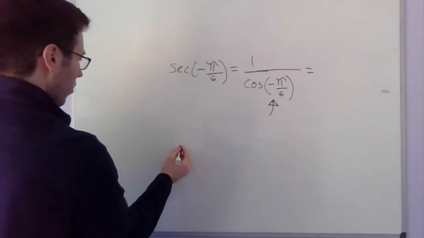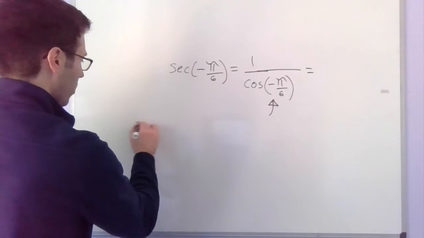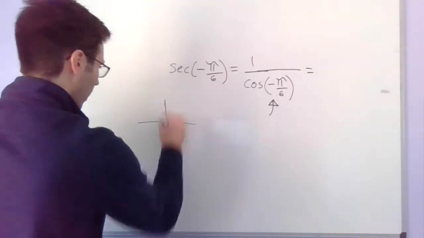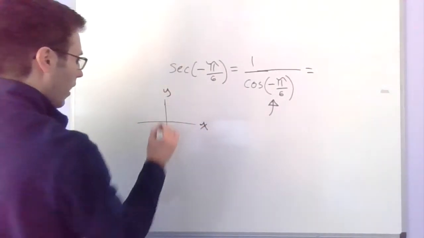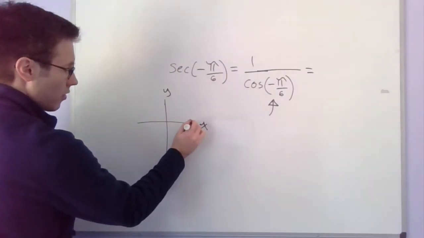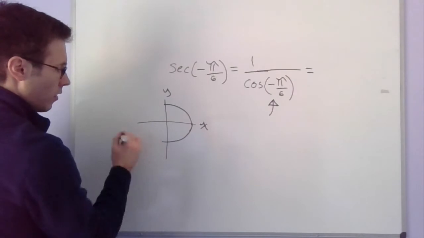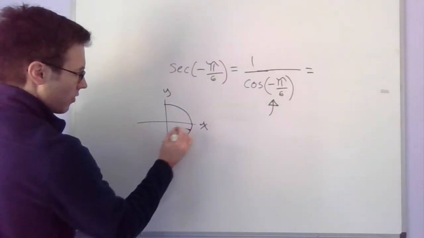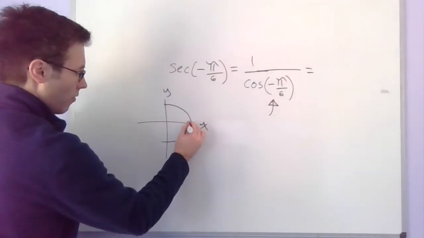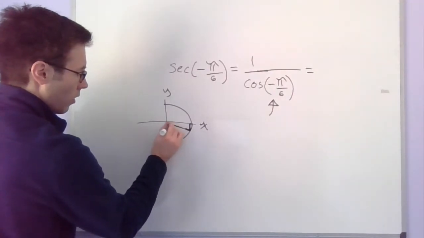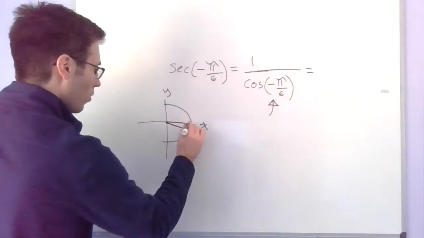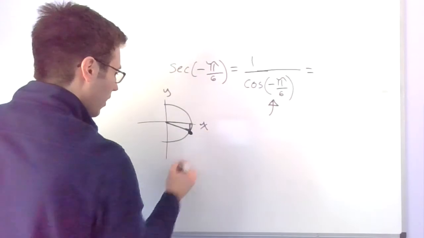Think about our circle, and we don't have to draw the whole thing. So think about this as my x coordinate, my y. If I'm negative pi over 6, so it's going down just a sliver here. I'm going down a little bit, so it's negative pi over 6. So we're looking at what those coordinates are right here.